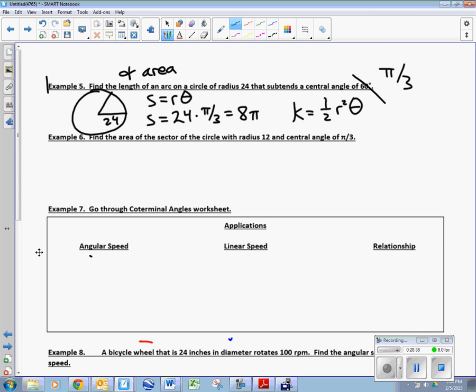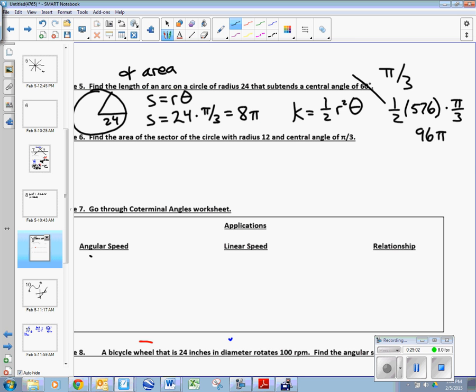Let's just take a second. 1/2 times what's r squared? 24 squared? 576 times pi over 3. 1/2 of 576 is 288. Divided by 3 is 96 pi. So you can see that it makes things easier.